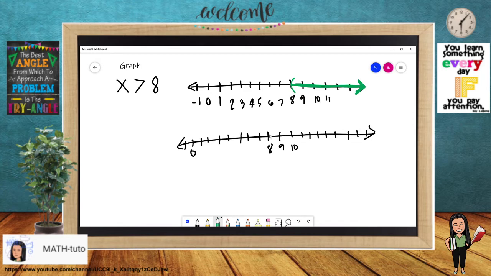Kung open yung circle, open siya kasi hindi naman included, diba? Lalagyan nyo lang ng circle. Hindi nyo lalagyan ng shade. And then, we shade to the right. Okay? So, pasensya na sa itsura ng aking graph. Hindi na siya diretso. Pero dapat isang line lang yan, kagaya nung nandoon sa taas. Yan, isang line lang.